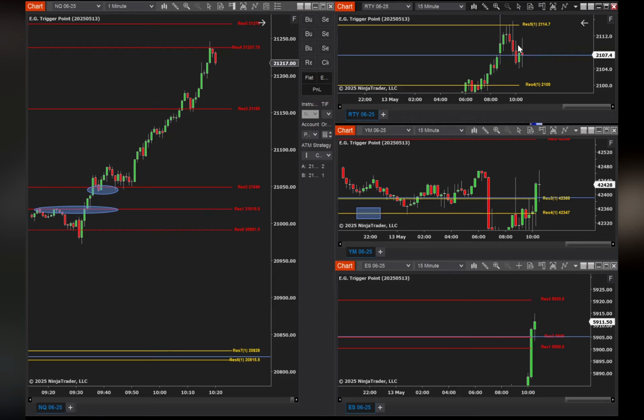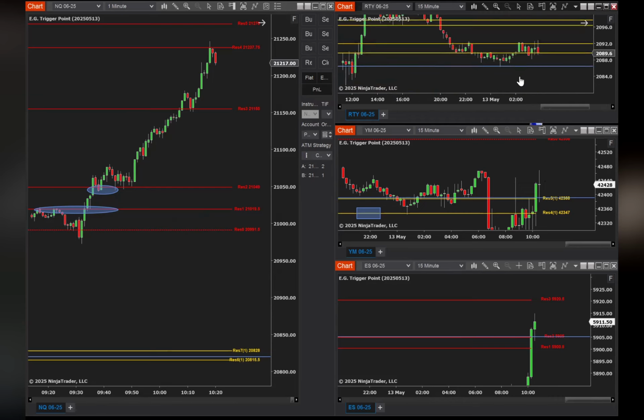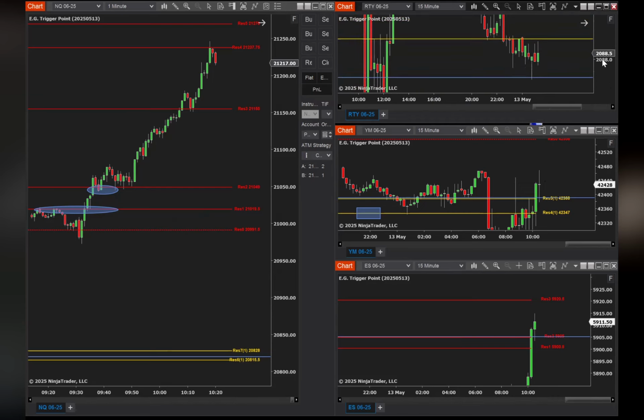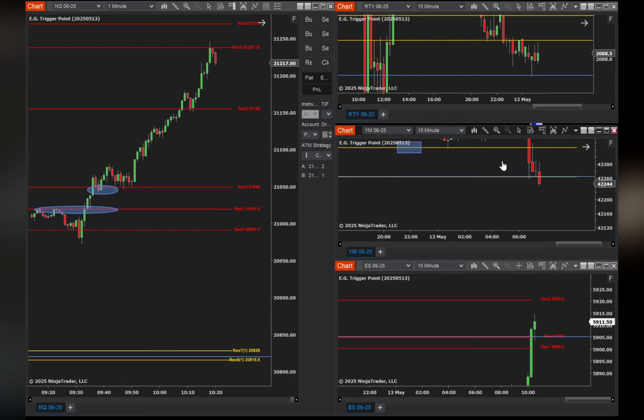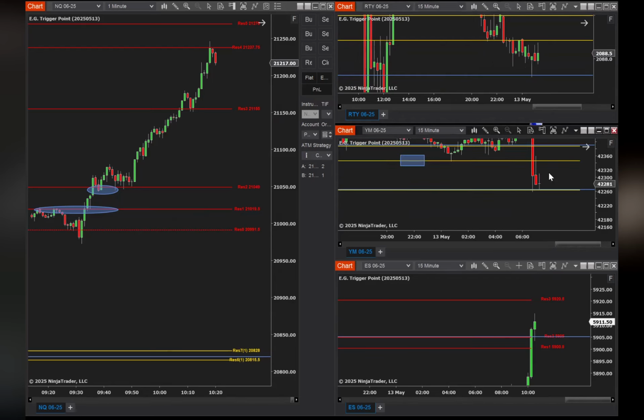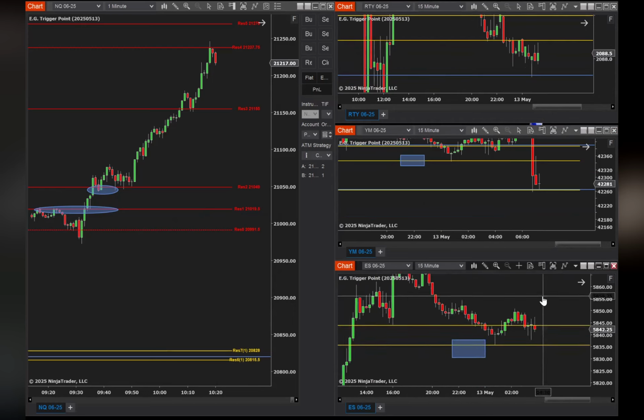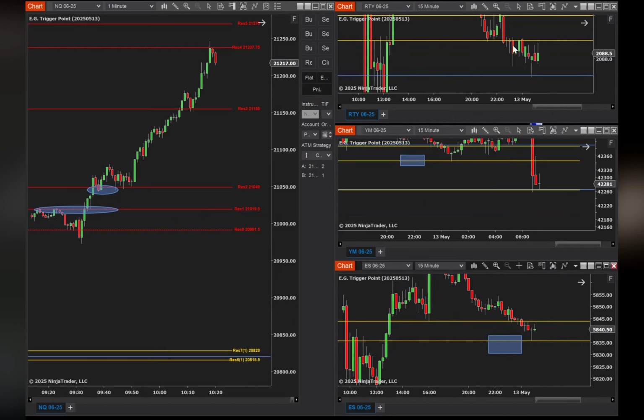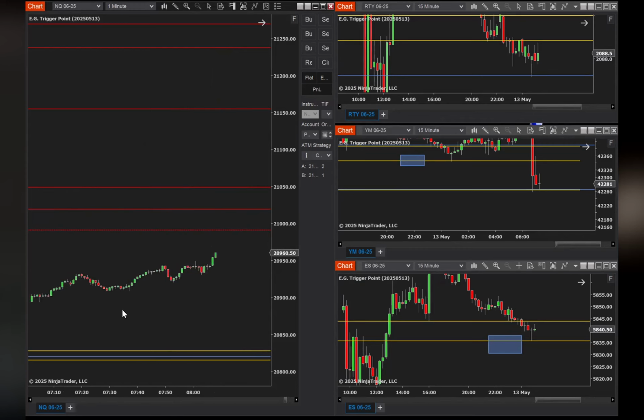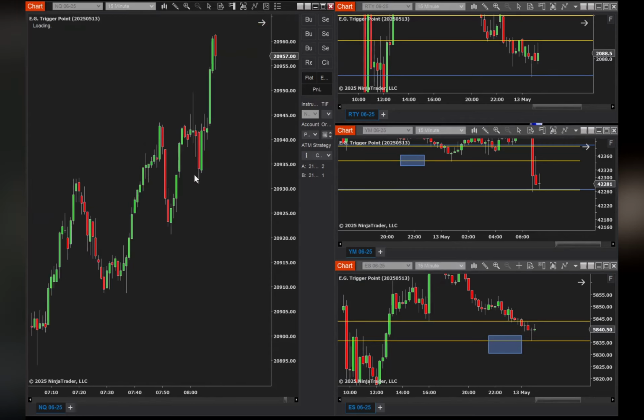RTY went up, went down, but it has nothing to do with what RTY is going to do from this point. RTY went down, all of them hit their support together. Let's move back to 15 minutes.